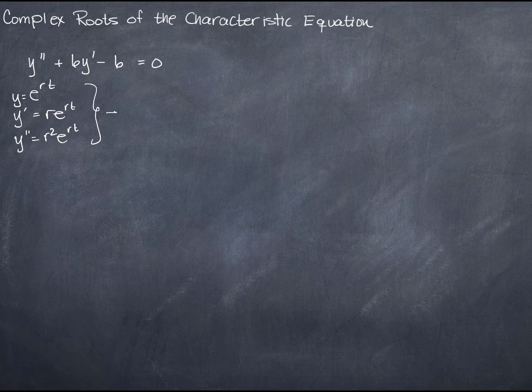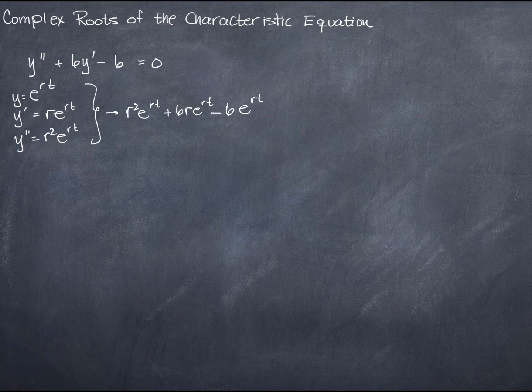We can plug all those into the differential equation, and that would give us r squared e to the rt, plus 6 times y prime. I think I said y prime before, I meant y double prime. This is y double prime going in here. And then y prime is r e to the rt, and that's a minus 6 times y, which is e to the rt.